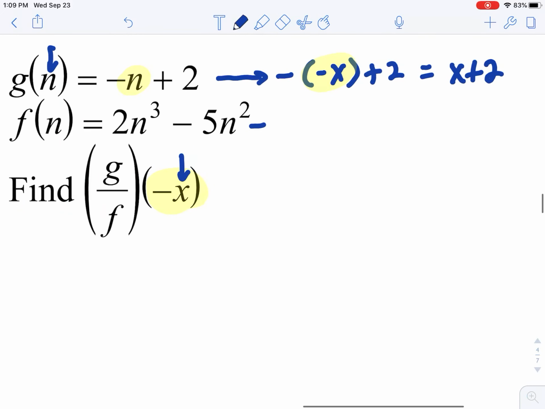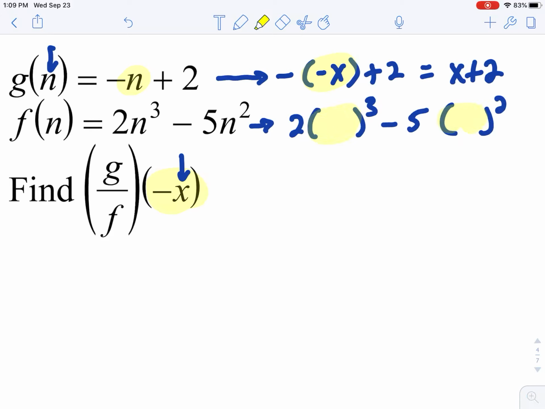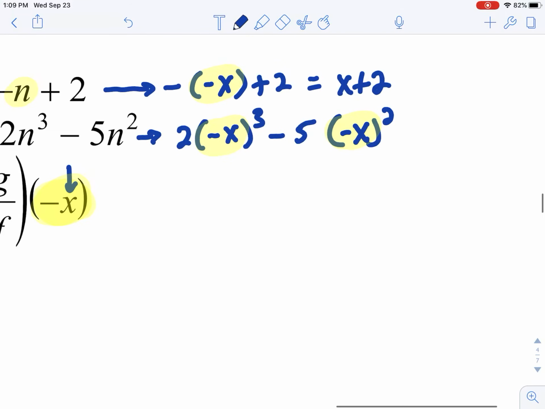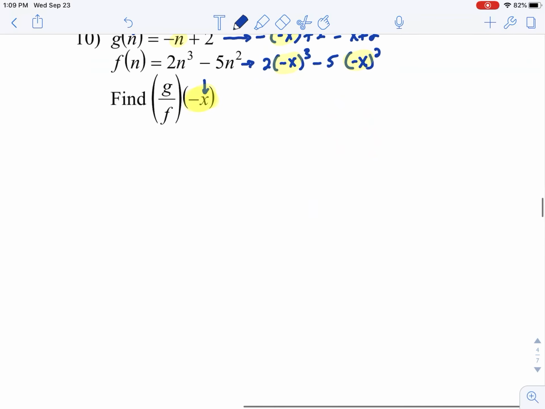And for the next one, 2n cubed minus 5n squared. Both of those n's I left blank, and again I'm going to plug in a -x. So what is 2 times -x cubed? Well, let's just talk about -x cubed for a second, maybe down here. -x cubed means -x times -x times -x.